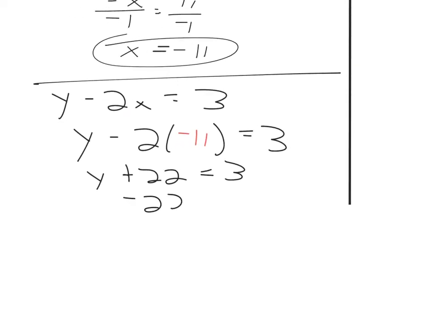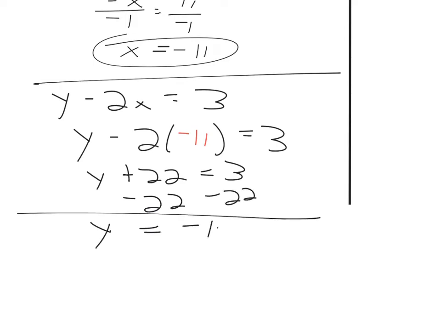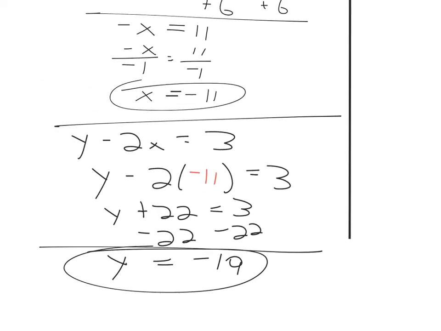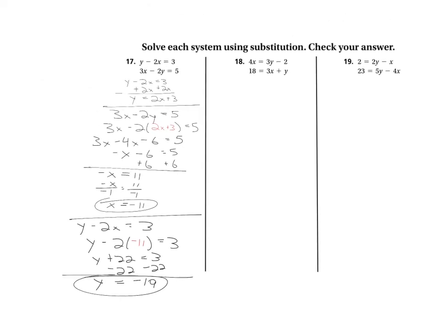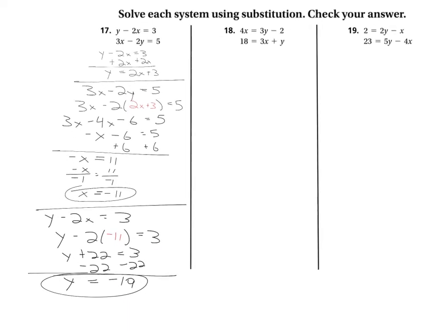And of course, if we subtracted 22 from both sides, we would get y equals negative 19, and that will be the other variable. So we've solved for both variables.